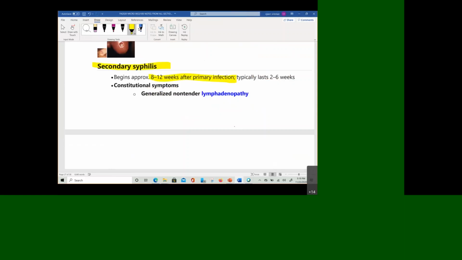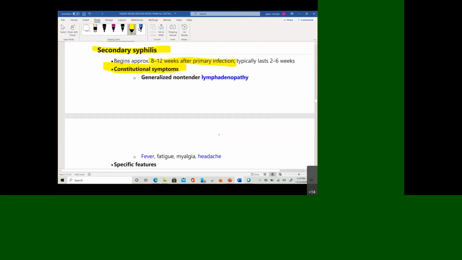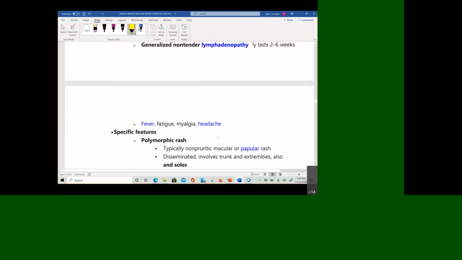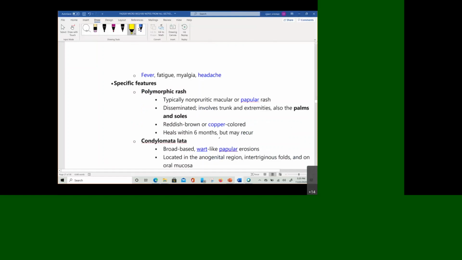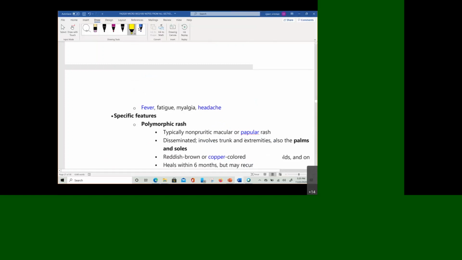Secondary syphilis is characterized by constitutional symptoms. When you hear constitutional symptoms, that means fever, fatigue, headache, and muscle pain or myalgia. Now, the other feature that is specific is condylomata lata.